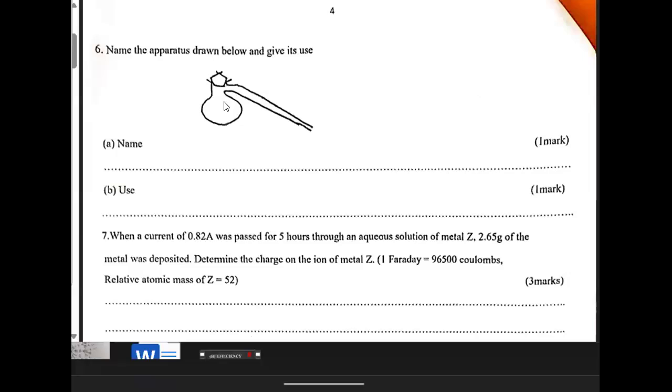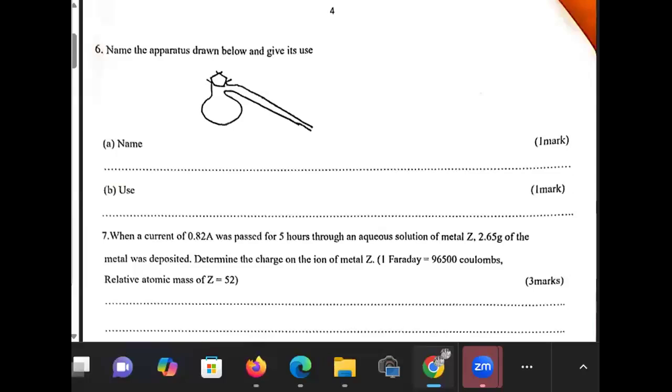So let me repeat: the retort glass is used in preparing nitric 5 acid in the laboratory, which is prepared by reacting a nitrate, of potassium or sodium, with concentrated sulfuric 6 acid, and the products will be the nitric 5 acid itself plus a hydrogen salt, that is sodium hydrogen sulfate or potassium hydrogen sulfate.